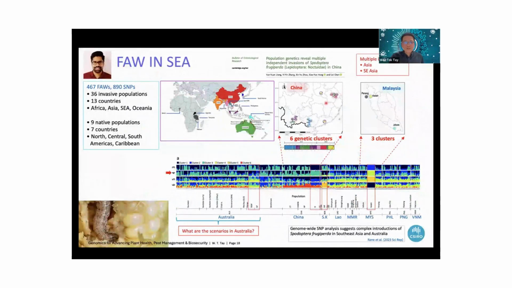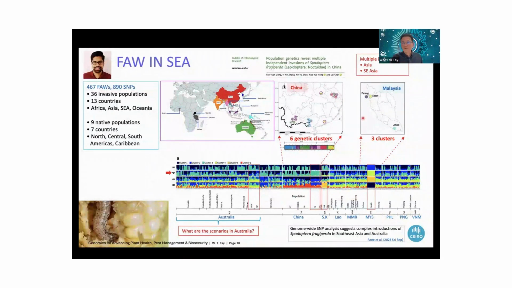Now, this work is a subsequent follow-up study led by Rahul, and he looked at the Southeast Asian populations. And again, we see a very diverse signature. For example, in China, the population is very different. And this matches another study by Jiang et al. that looked at populations within China, and even populations that are very close to each other are very different.